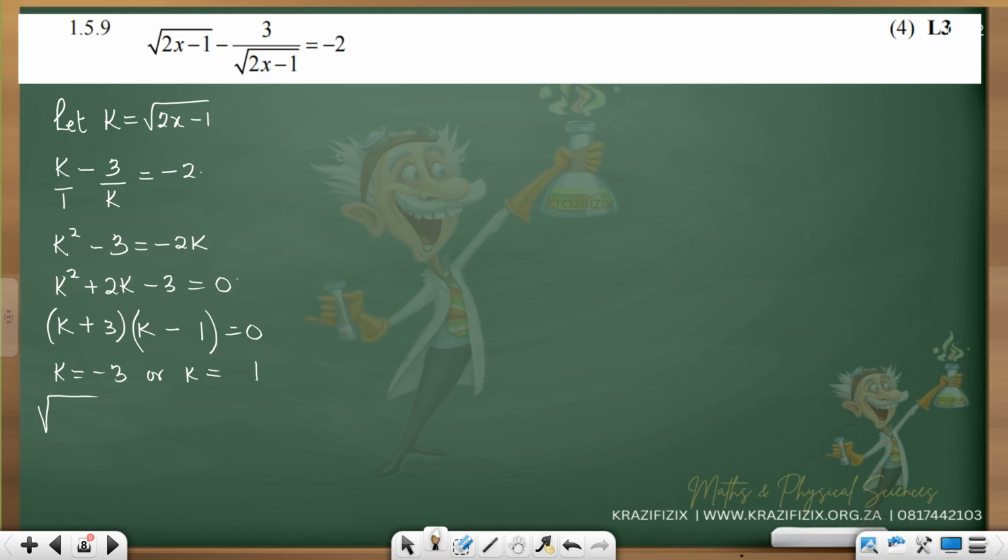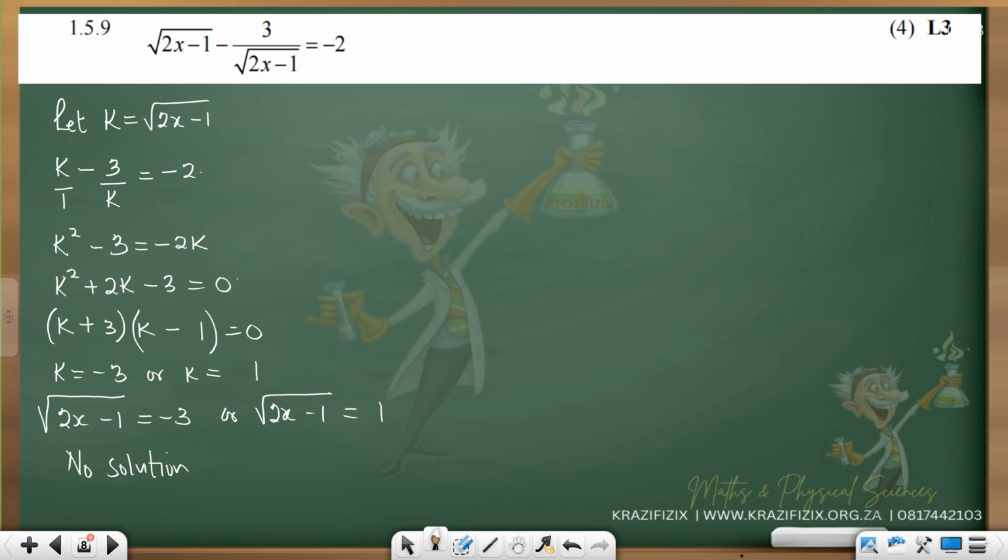But what is K? Do you see I'm now bringing in my surds? K is the root of 2x minus 1. Already for K equals negative 3, I know it's going to be no solution. Why no solution? The square root of a number is always positive. I did mention that, and this is negative 3. So no solution there.